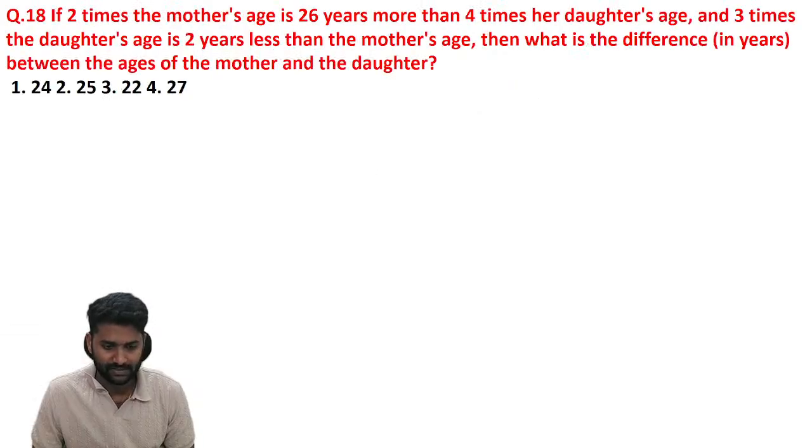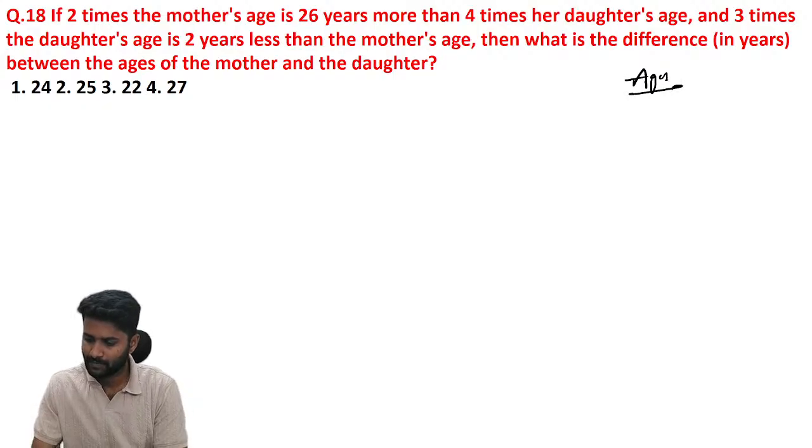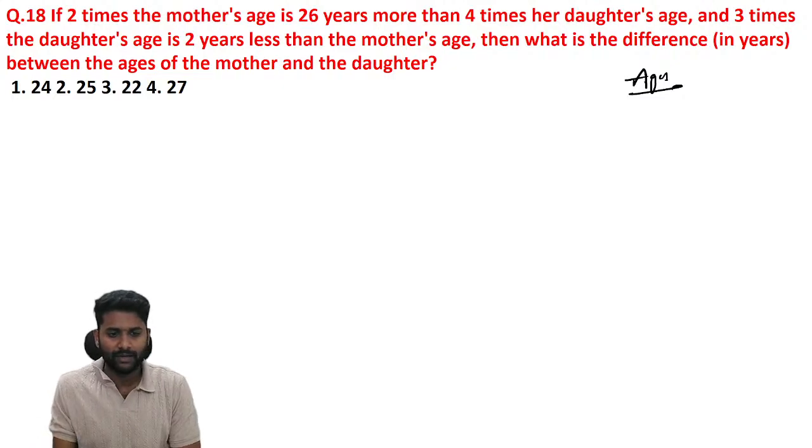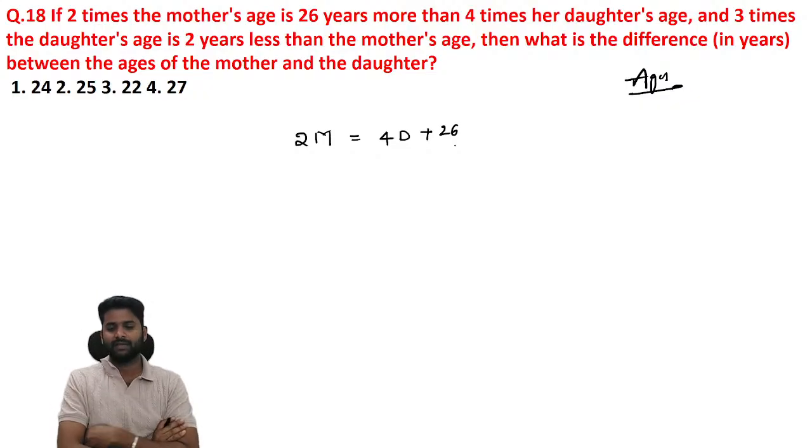Next. Let's see this question from ages. If 2 times the mother is 26 years more than 4 times the daughter. First comparison says that mother and daughter have different ages.